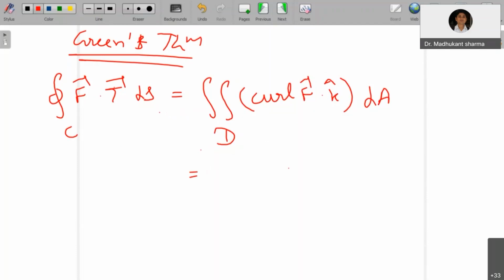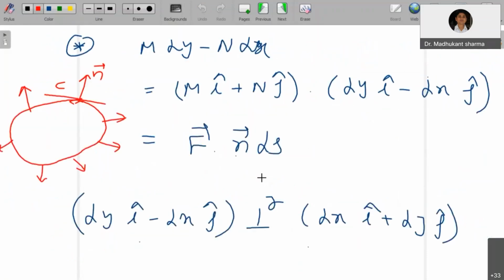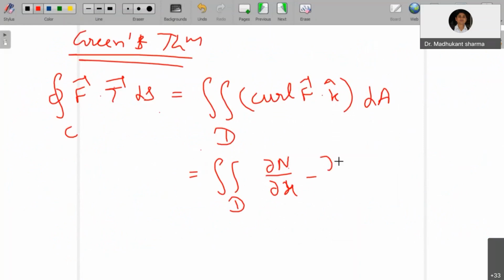And that is going to be the double integral over D of dou N by dou X minus dou M by dou Y, dx dy. That's the first vector form.